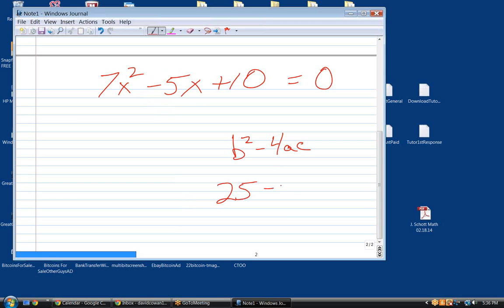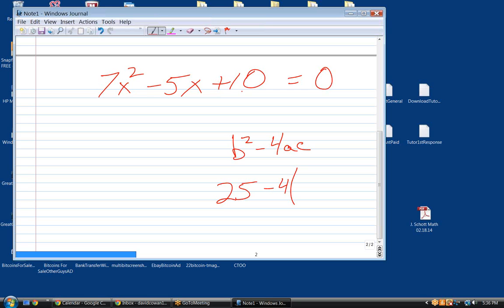Minus. But so you don't add the x? No. When you're doing the quadratic formula, the a, b, and c are the coefficients. That's a, that's b, and that's c. Actually, that's not quite accurate. A is 7, b is minus 5, and c is plus 10.